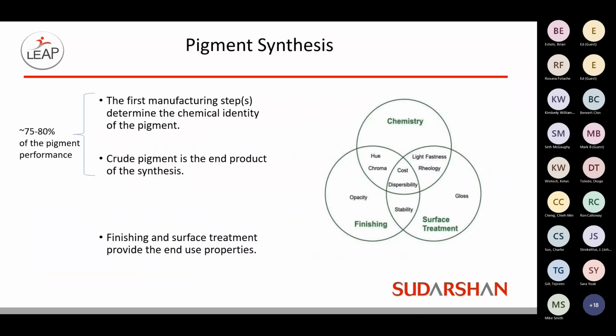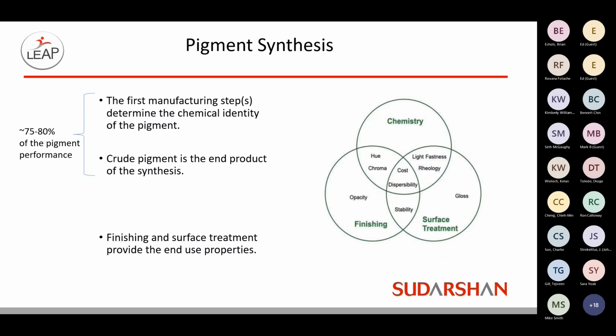So as a pigment supplier, we do know that we generate about 75% of the pigment performance solely on the chemistry of that particular pigment. And then the remaining comes from the finishing and the surface treatment.